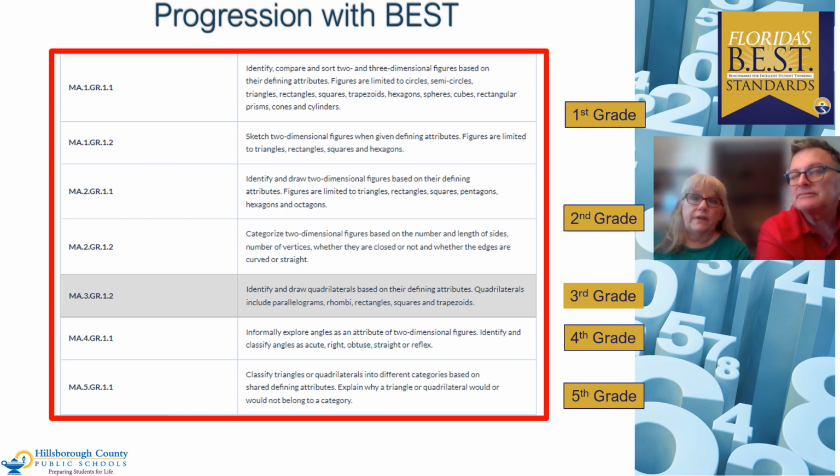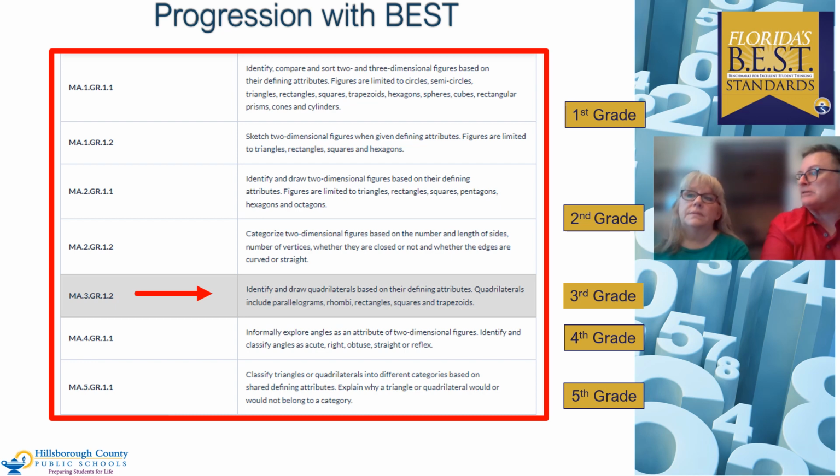Now if I look at that GR12 standard, they are going to be comparing whether or not the edges are curved or straight. Yes. But the defining attributes, it looks like, are going to be limited to the polygons. And then in third grade, which is where we're focused today, MA3 GR12, it's identifying and drawing quadrilaterals based on their defining attributes. The quadrilaterals include parallelograms, rhombi, rectangles, squares, and trapezoids, which is a difference between MAFS and BEST.